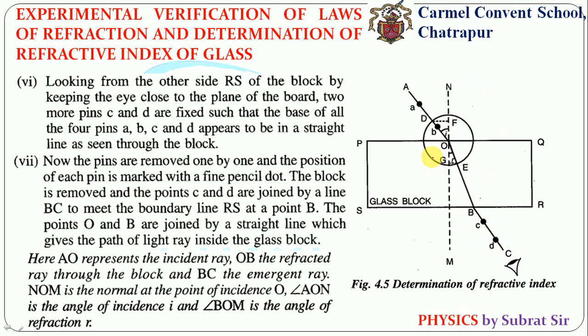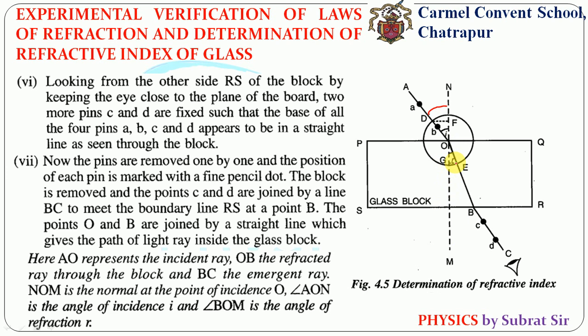Here NOM is the normal at the point O, and angle AON is the angle of incidence. And angle BOM is the angle of refraction.